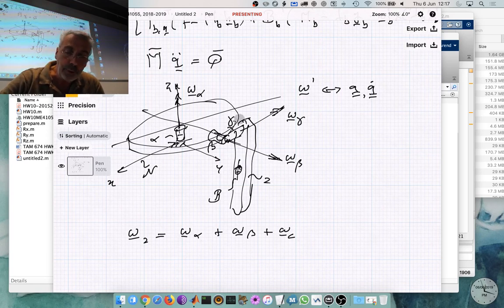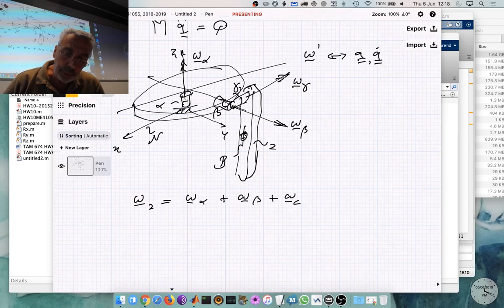And for rotational vectors, every part of a body has the same rotation. That vector you can replace in space, as long as it keeps the direction and the magnitude, and you can put it on any side. So the sum of these three angular rotational speeds is the rotational speed of this body.